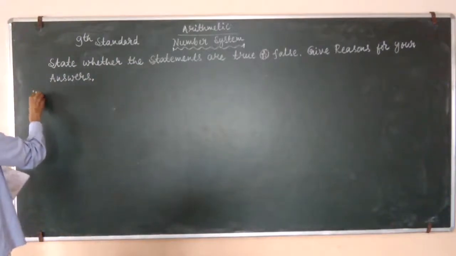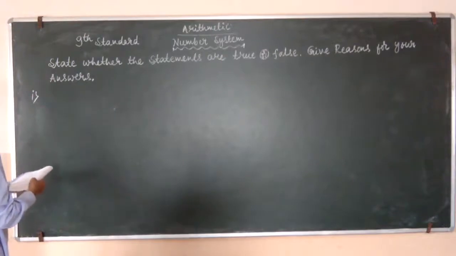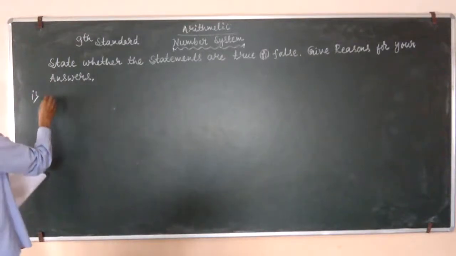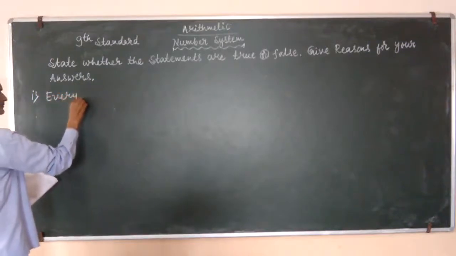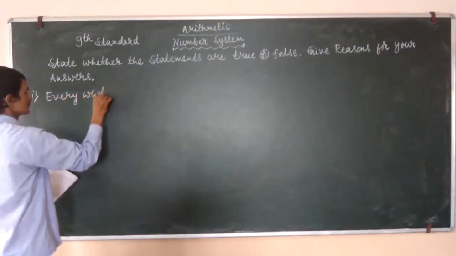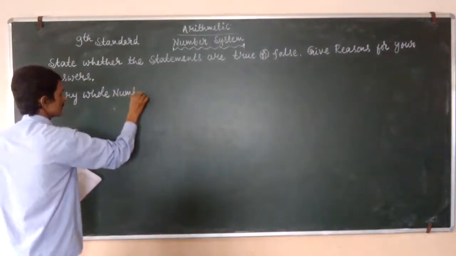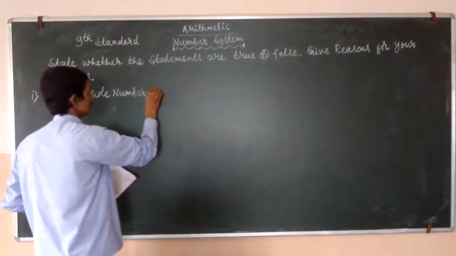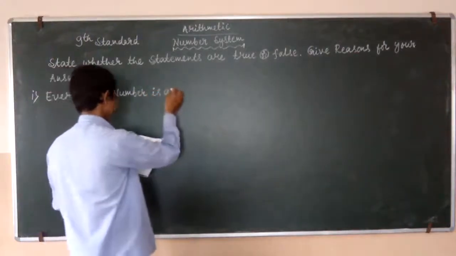First one is, every whole number is a natural number.